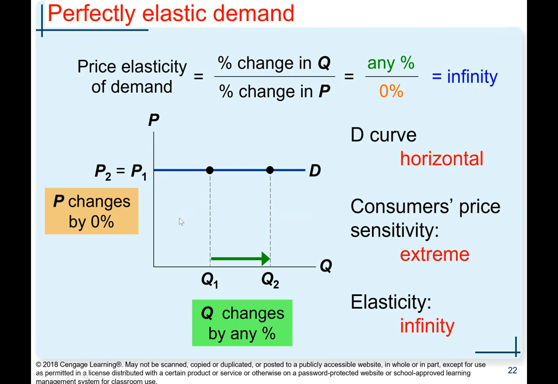You change price, and consumers will respond in infinite direction. That means the demand curve is horizontal. Consumer price sensitivity is very, very high, an extreme case. That is infinity, and that is when elasticity coefficient is infinite.